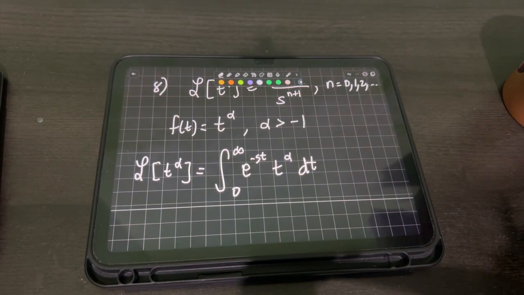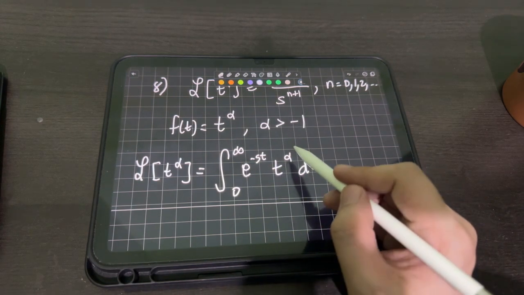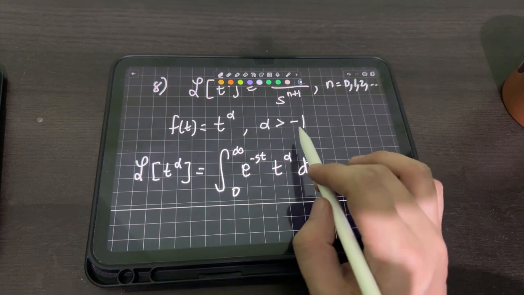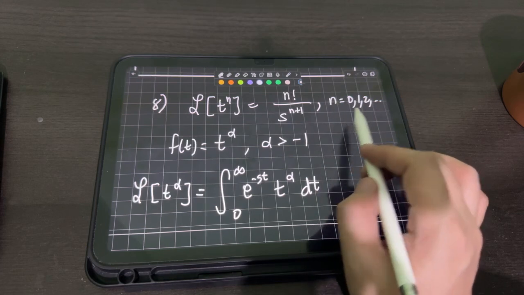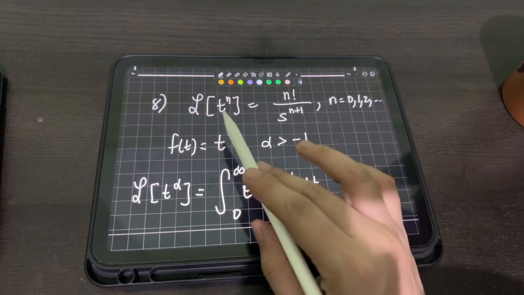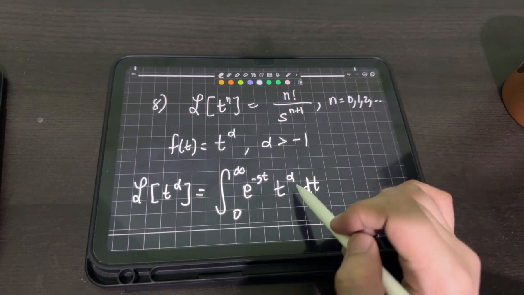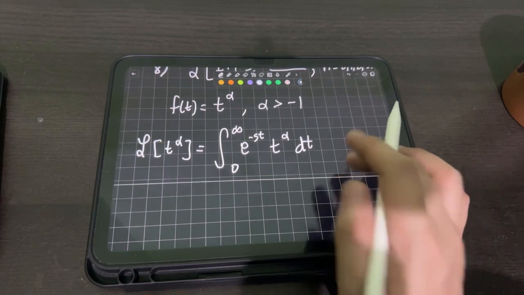But we won't apply integration by parts here. It's a different case now because the power of t is less restricted compared to before, where the exponent of t, which is n, should only be whole numbers, but this one is any real number greater than negative 1. We will apply substitution.